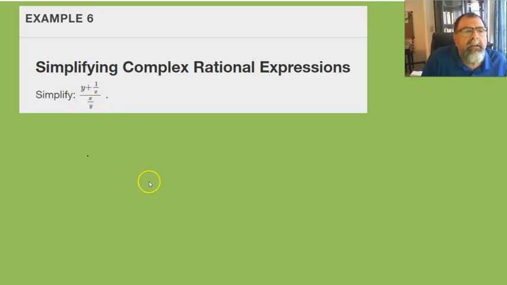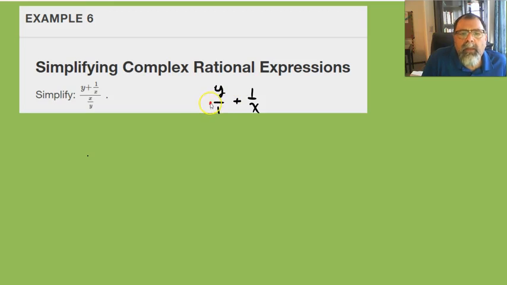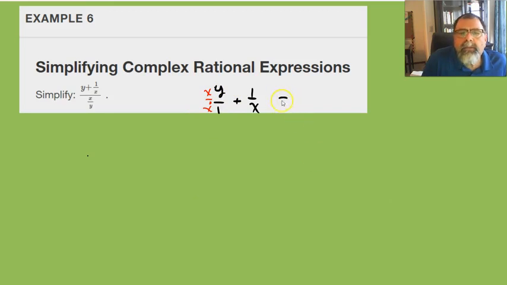Well, that one's done. So on the top, you got to think of this as y over 1 plus 1 over x. So we want to get a common denominator for 1 and x, which would just be x. So we're going to multiply this one by x over x, which is going to get us xy over x plus 1 over x.